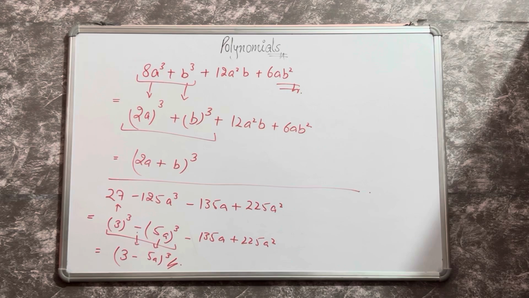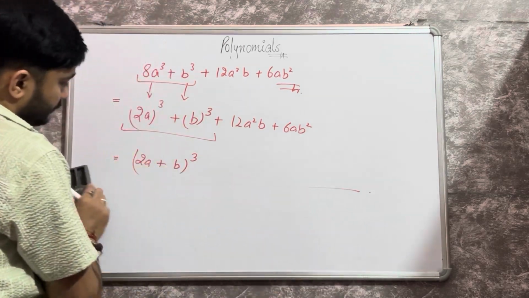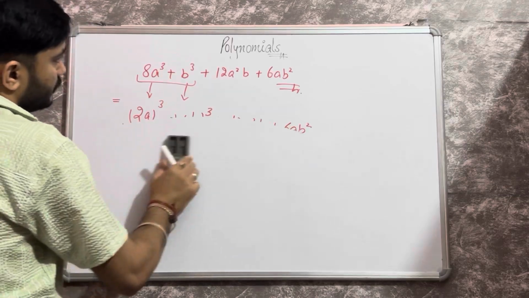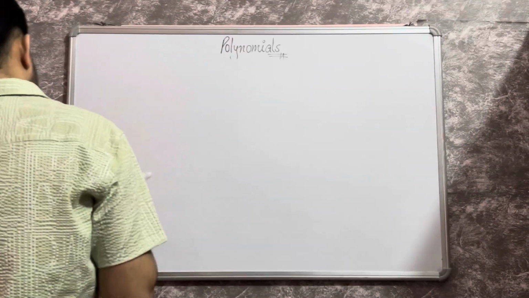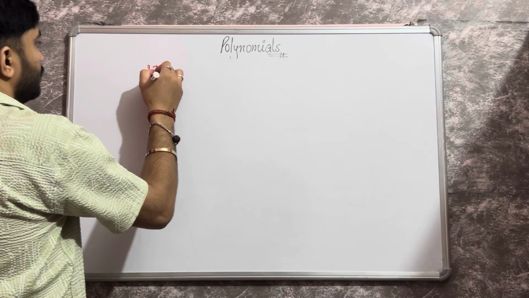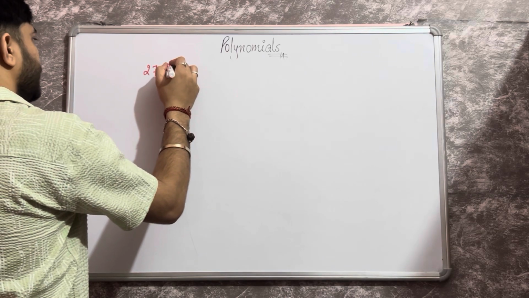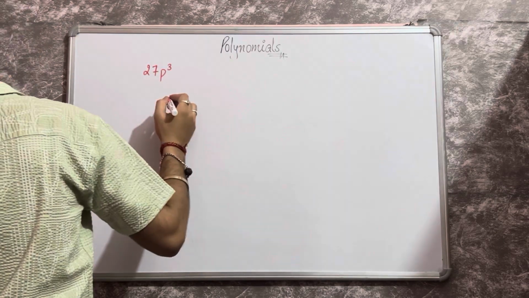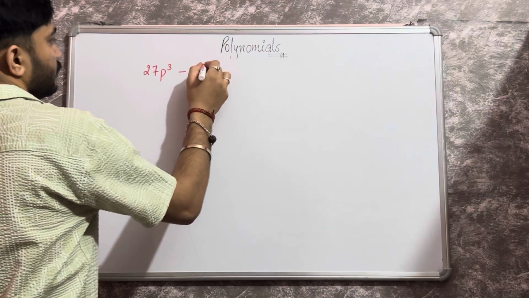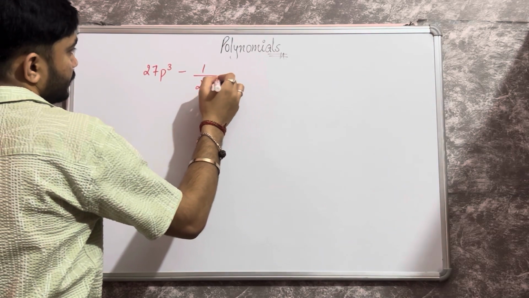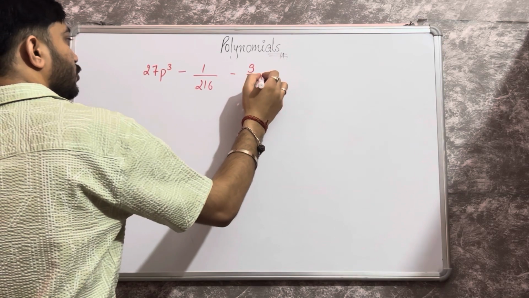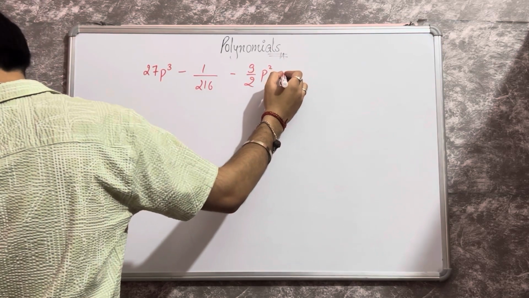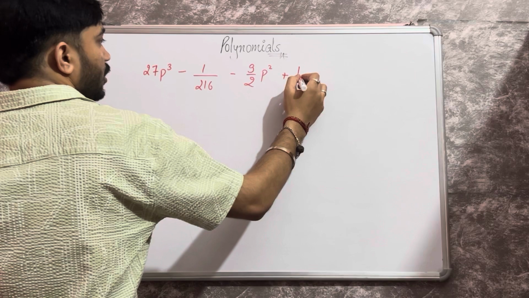Now let us solve one more difficult example of it. What if someone has asked to factorize 27p cube minus 1 upon 216 minus 9 upon 2 p square plus 1 upon 4?